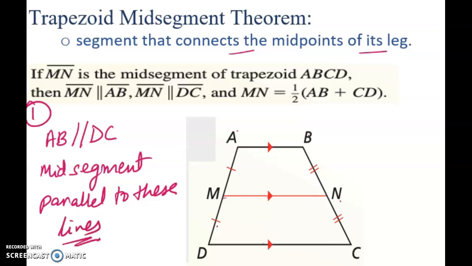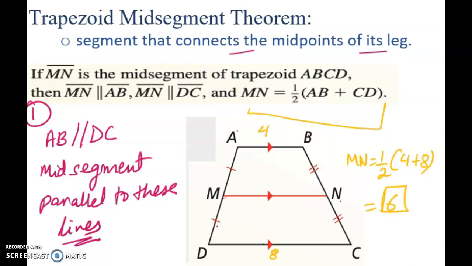Another thing is that the midsegment will be half the sum of AB plus DC. So let's say AB is 4 and DC is 8, then MN will be 1/2 of 4 plus 8. That will give you a lovely answer of 6 units, because 8 plus 4 is 12 and 12 divided by 2 is nothing but 6.